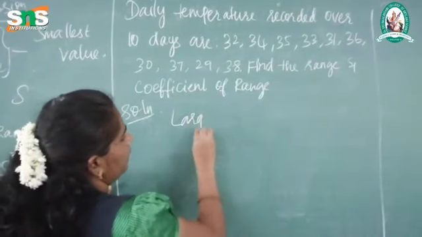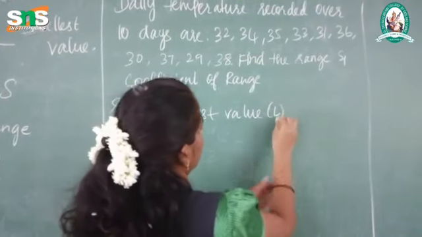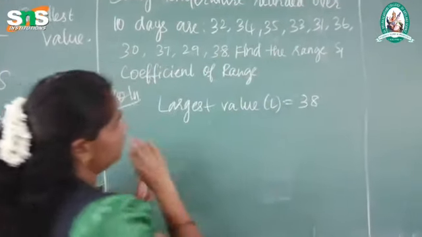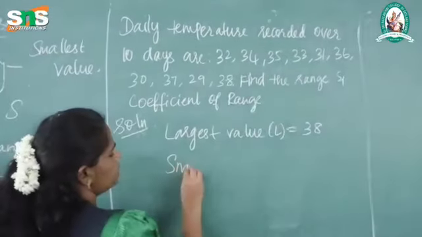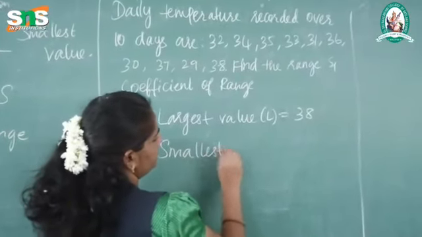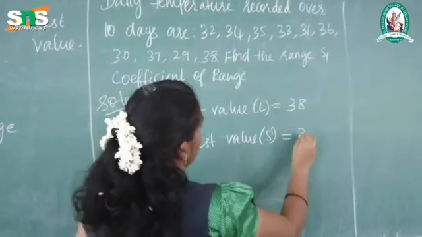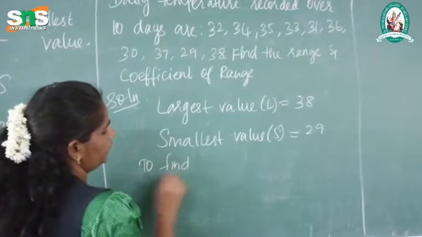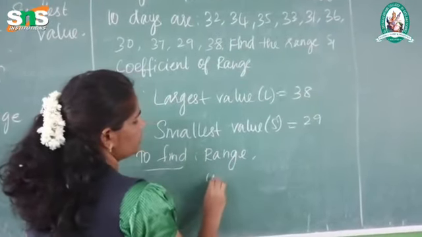So my L, the largest value, is equal to 38, and the smallest value is 29. So the smallest value S is equal to 29.